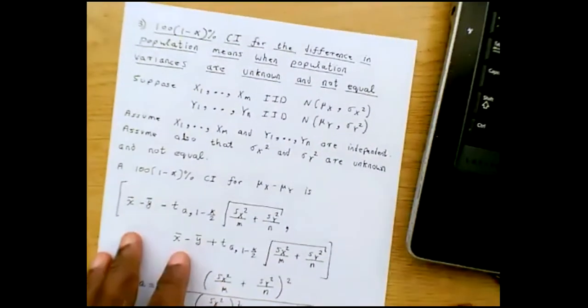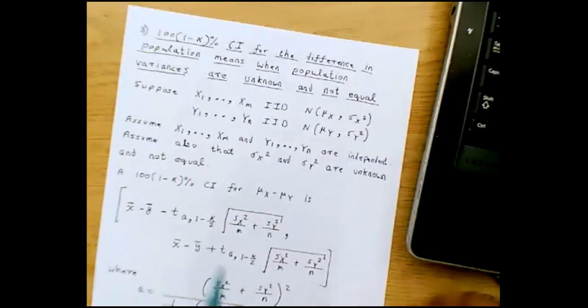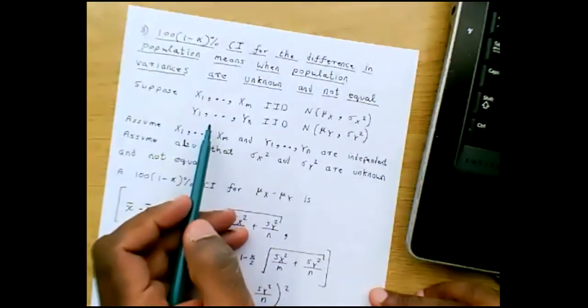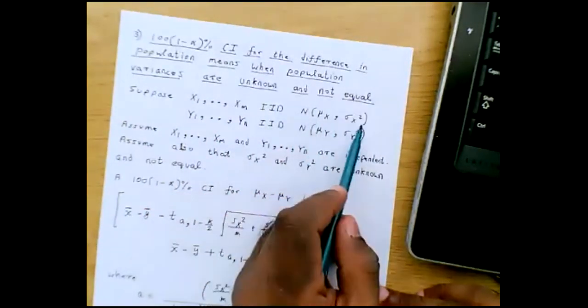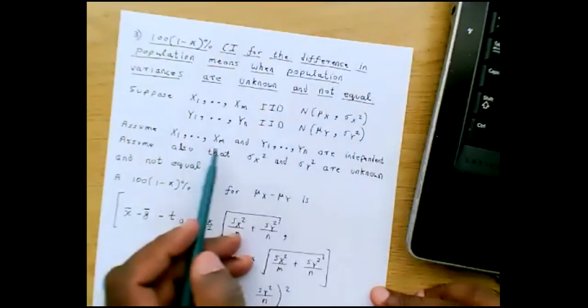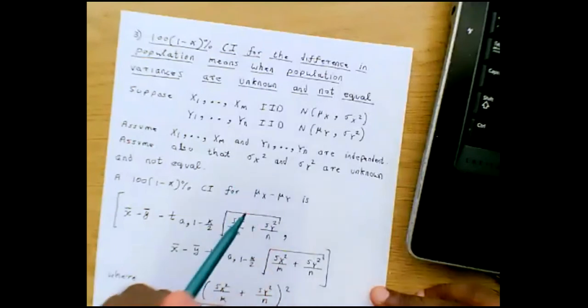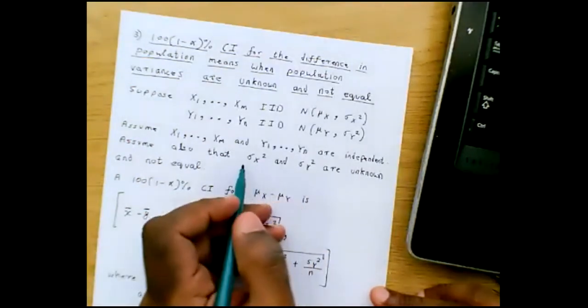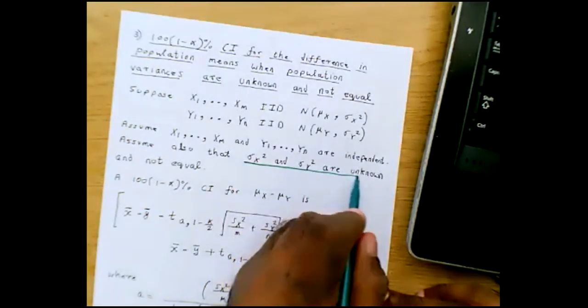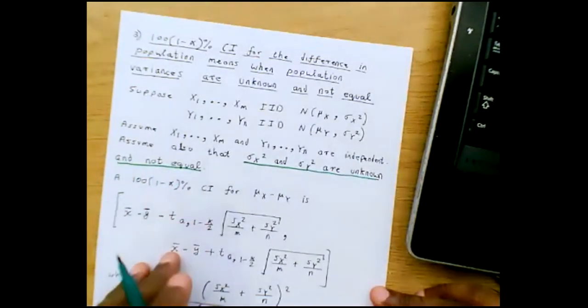Right, so this is the second. The third one is this one. So here, once again, you have two independent random samples. The first one from this, the second from this, and they are independent of each other. Here we are assuming that the population variances are unknown and not equal, right?